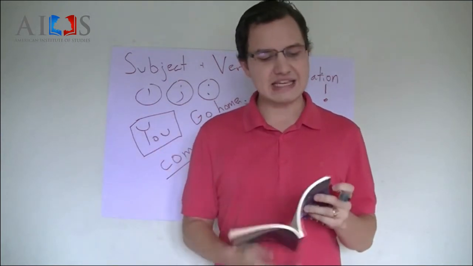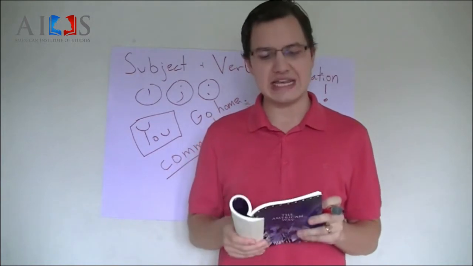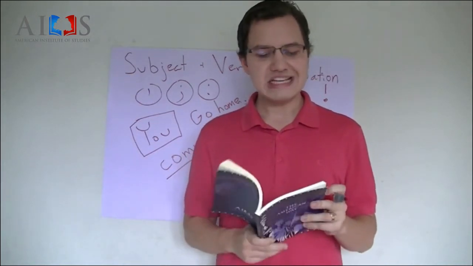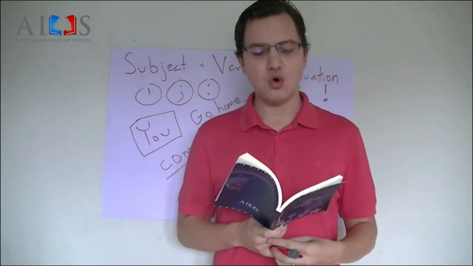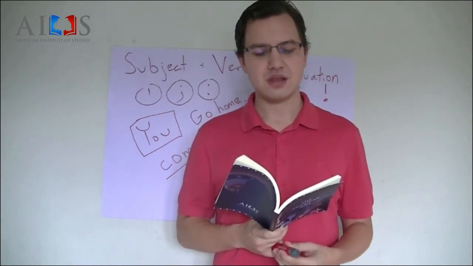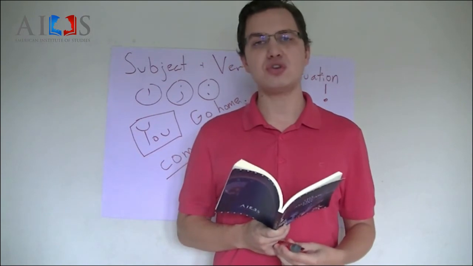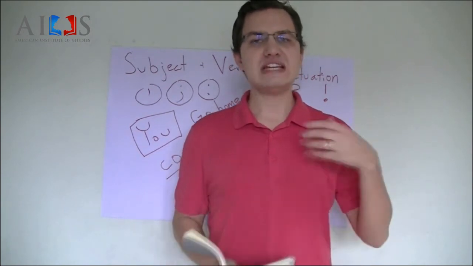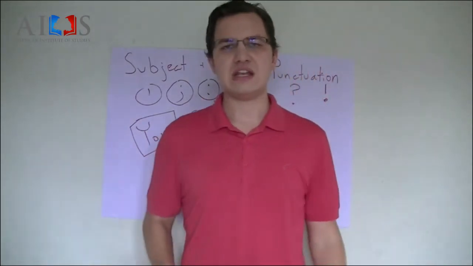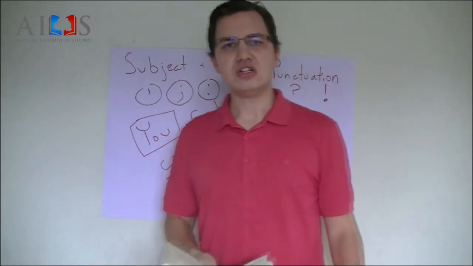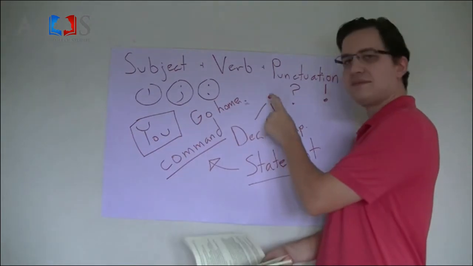So let's look at the examples on page 88. Please shut the door for me. Give me that folder over there. Please stop what you're doing. So these commands are very gentle, not a lot of emotion. So we use a period.